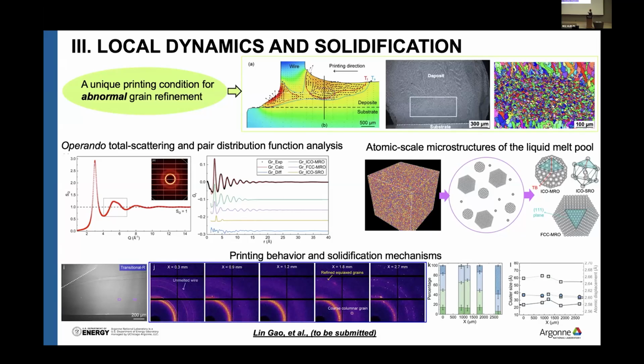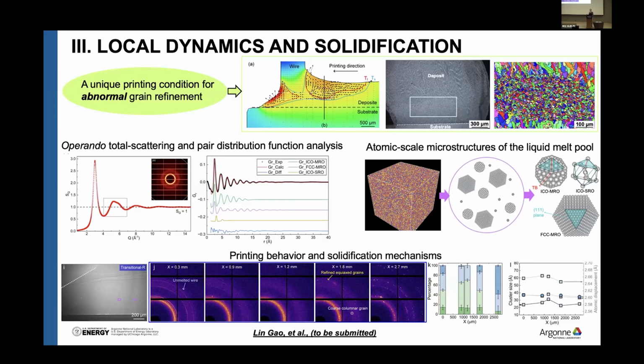So in this investigation, we made a little modification to our synchrotron characterization so that it enables us to do an operando total scattering analysis and the pair distribution function analysis for the liquid metal. That is the mold pool under the additive manufacturing condition.